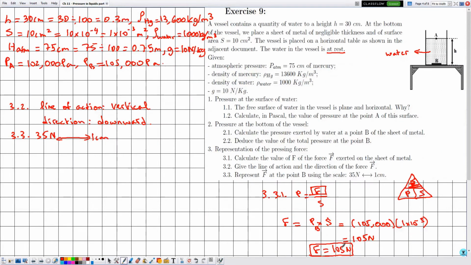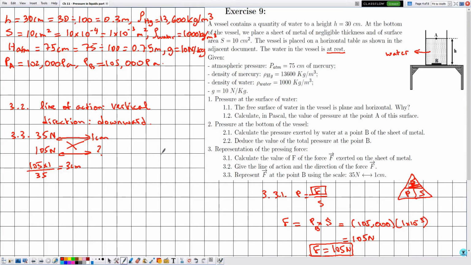So because 105 newtons is the magnitude, we will put it under 35 newtons. And now we wish to determine the length. If we cross multiply, 105 multiplied by 1 divided by 35, plugging this fraction on the calculator, then the length of the vector F is 3 centimeters.